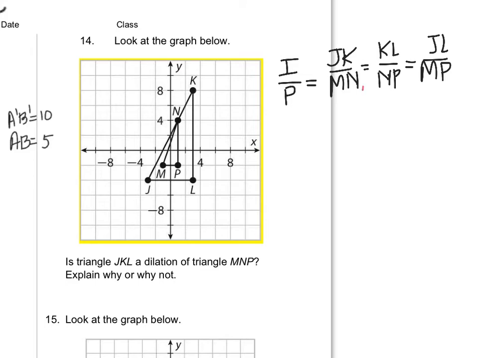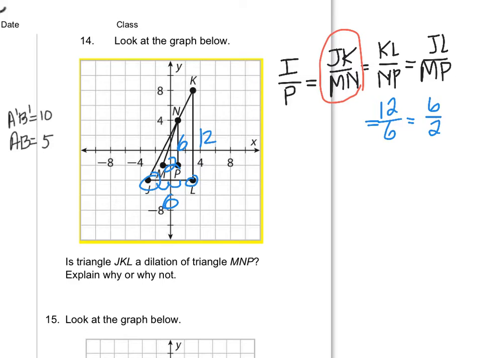Now the only one that requires the distance formula is this one. I can find the other measures just by looking at the picture. So just by looking at the pictures, we have KL measuring 12 and NP measuring 6 and JL measuring 6, and it's going by 2, so 2, 4, and these two complete the third one, which is 6, 2, 4, 6, and the bottom one is just 2.